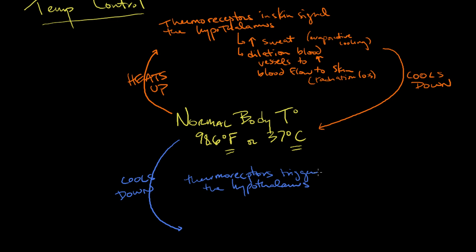This triggering the hypothalamus triggers shivering, which is basically your muscles constantly contracting and releasing, trying to increase the rate of cellular respiration, using up more glucose, using more oxygen to give off ATP and namely heat.